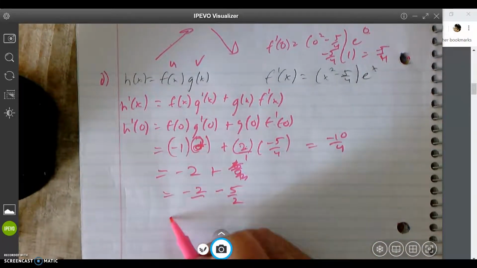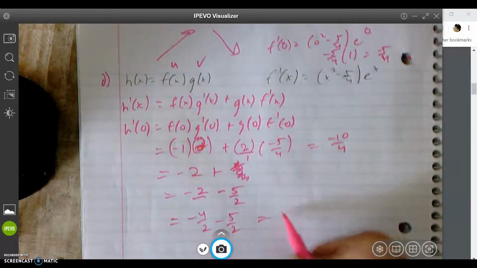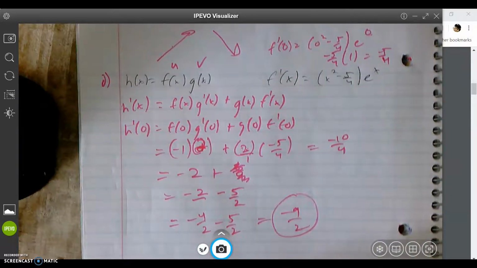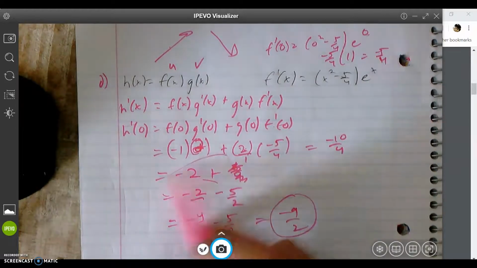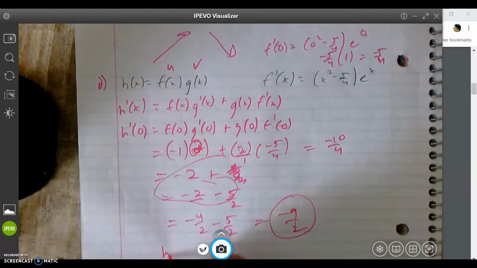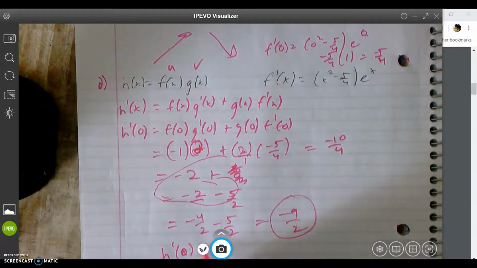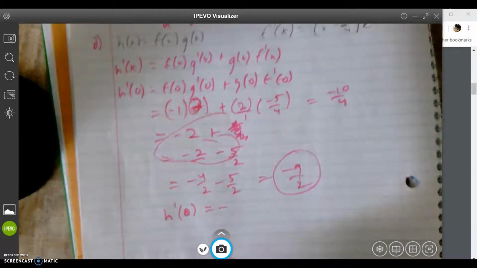We can do negative 4 over 2 minus 5 over 2, which is negative 9 over 2, if you want to go that far. But if you just left it like right here, you'd be good. So you know that this is negative, so h prime of 0 is negative.